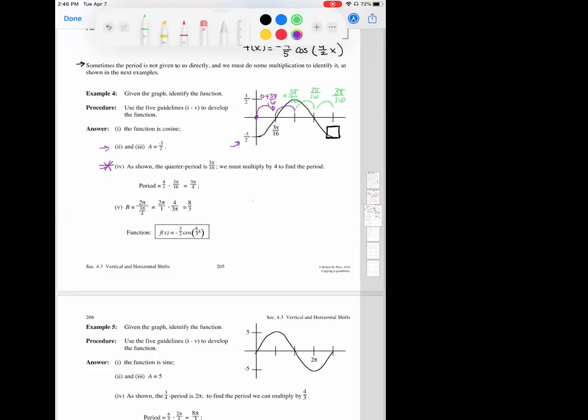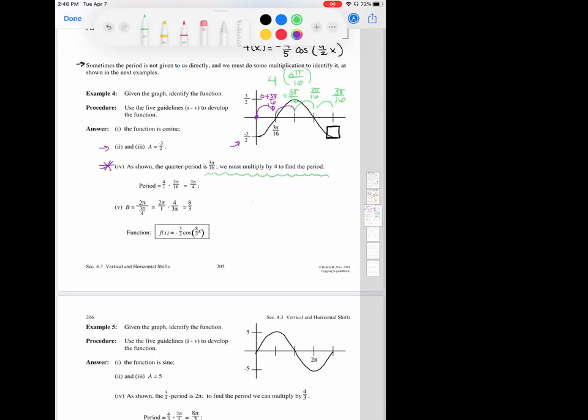So we're adding 3 pi over 16 four times, so isn't it fair to multiply it by 4? And that's what we're doing here. We must multiply by 4 to find the period. So we have 4 times 3 pi over 16 equals 3 pi over 4.